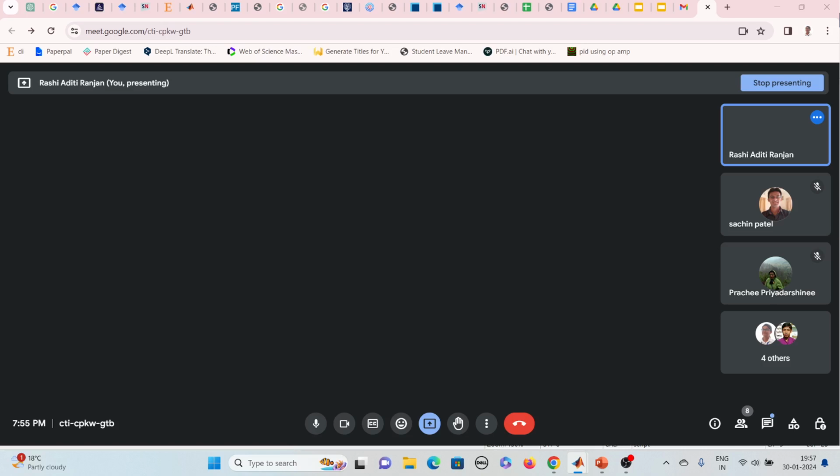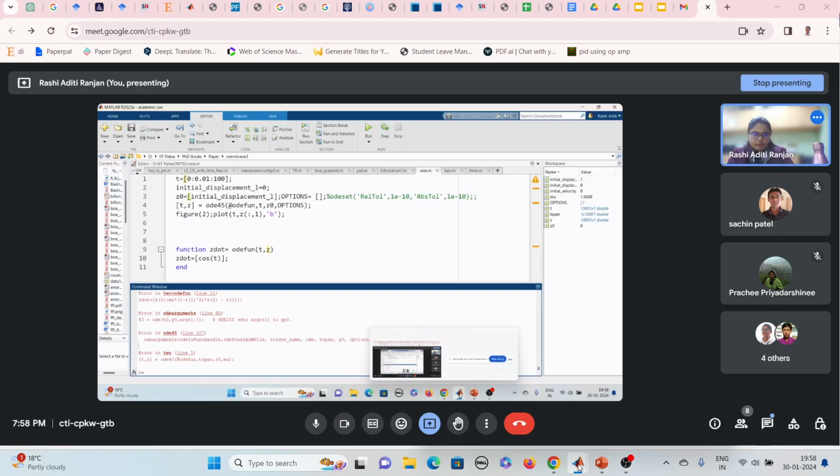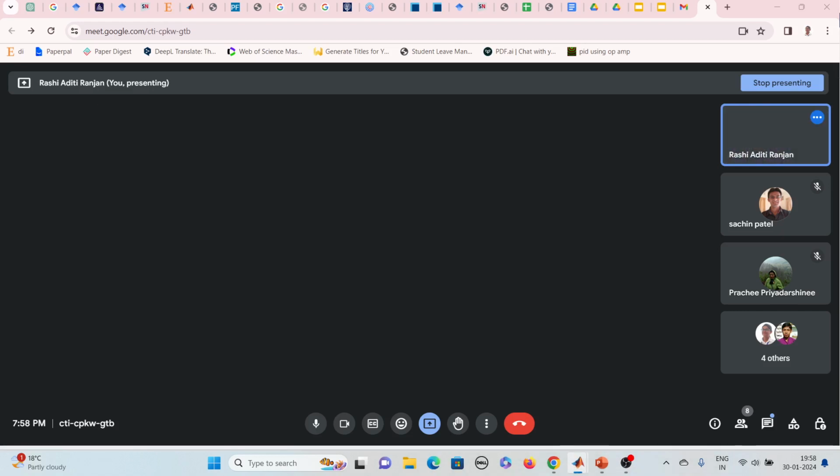It is not integrating, right? Maybe I'll just run this first. Let's see what's happening with this. Okay, it is giving the right value, correct?